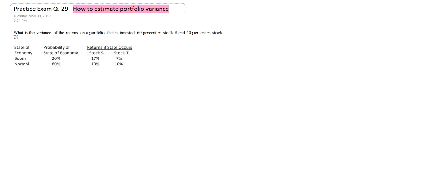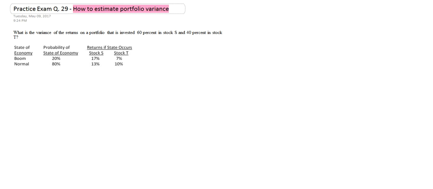The concept is similar to when you find the portfolio return and the variance, but this one also deals with the probability of each state of the economy. So it takes a little bit more steps than the normal way to find the variance, but it's not too bad.